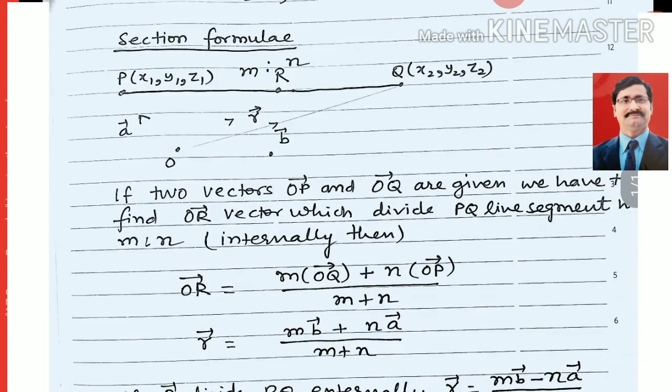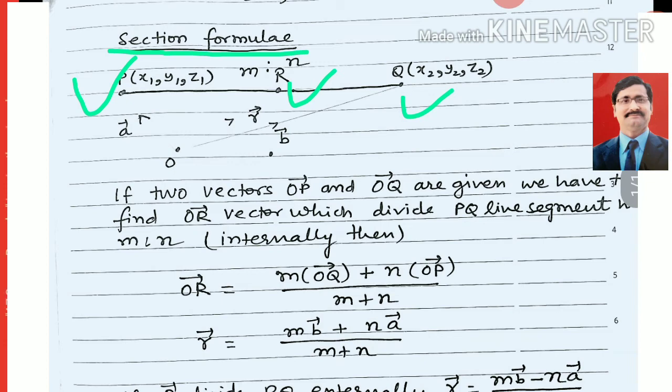Review the section formula. We already did the section formula in 10th class also, but again you have to understand it. Point P is given to you, point Q is given to you, and here is point R. This point R divides the line segment PQ in the ratio m:n.